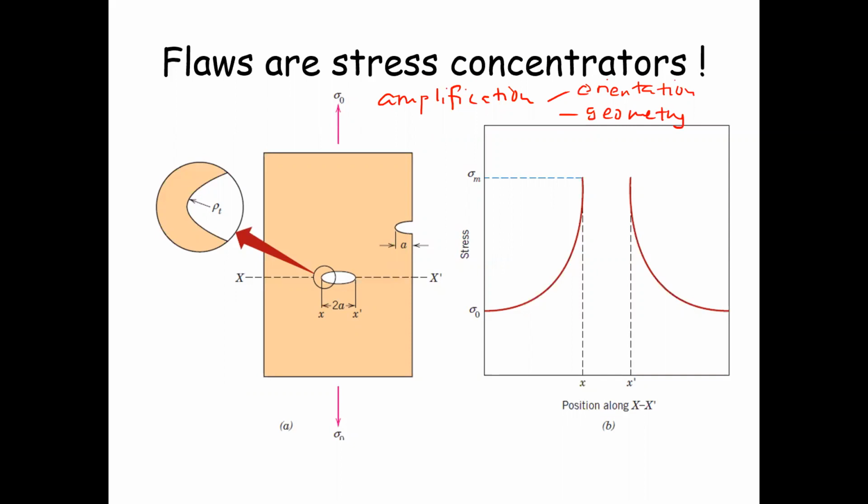This phenomenon is demonstrated in a figure here: a stress profile across a cross section containing an internal crack. Here we have an internal crack. As indicated by this profile, the magnitude of this localized stress will diminish with distance away from the crack tip.